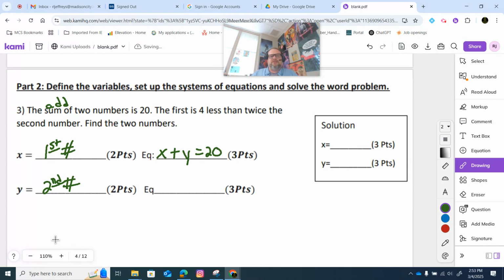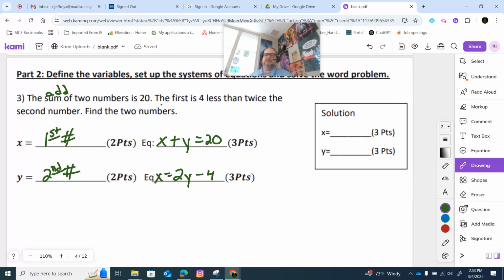All right, the first number is 4 less than twice the second number. The first number. All right, so I know this is x equals. All right, 4 less. We know it's not going to have an inequality in the middle of this. Okay, so we're going to have to multiply this and then subtract.